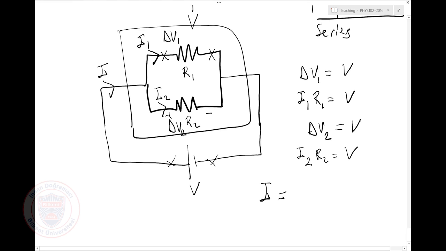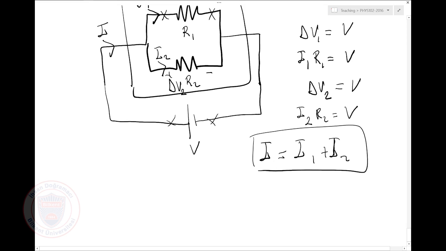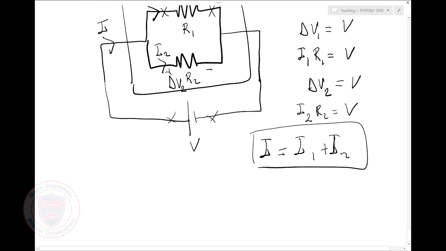Obviously, if current I is coming in, it's split into two arms, I1 and I2. I expect I1 and I2 to add up to give me I. Now I know what I1 is.